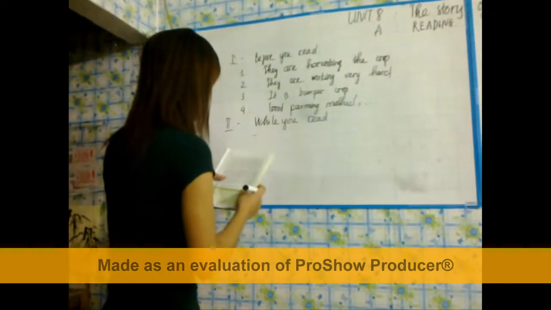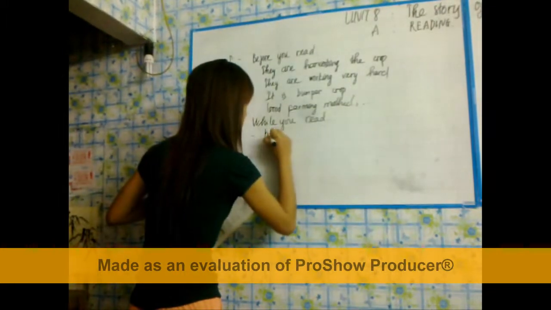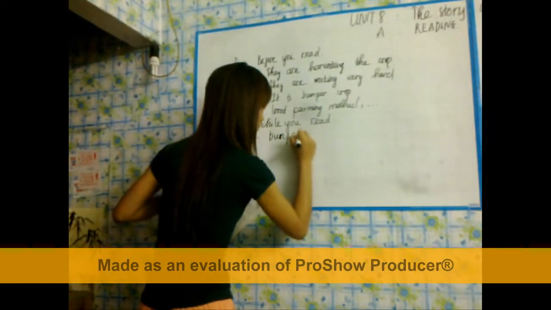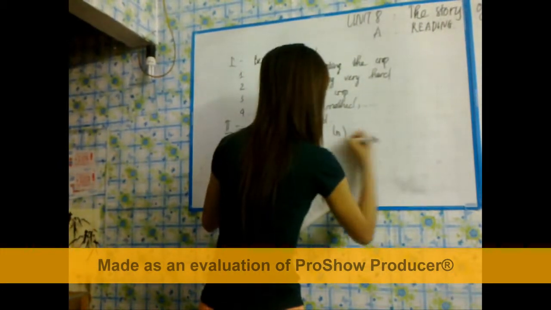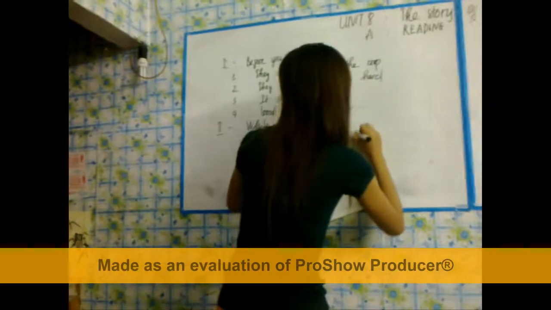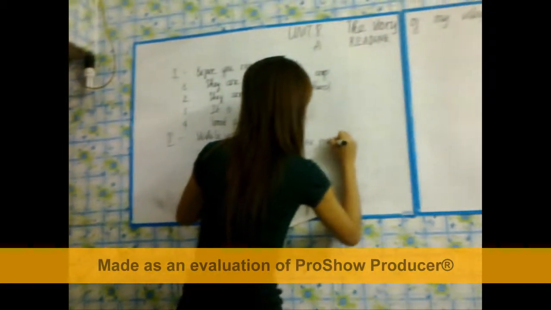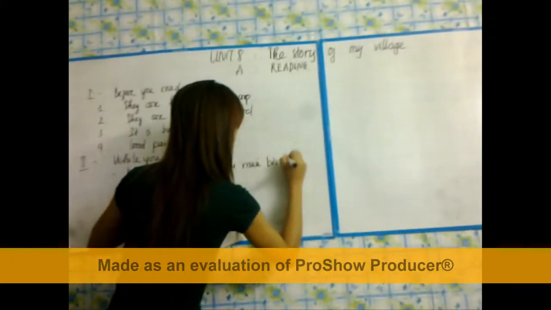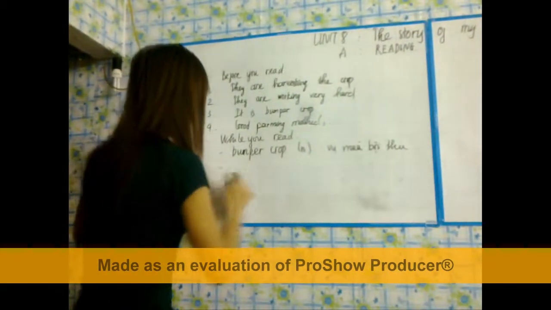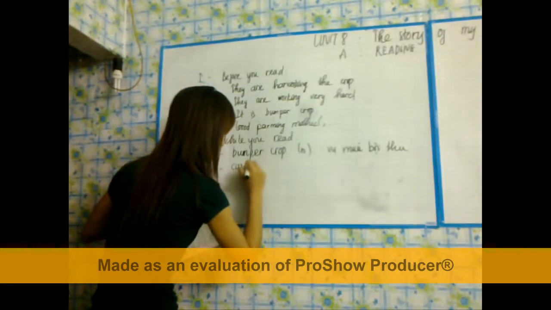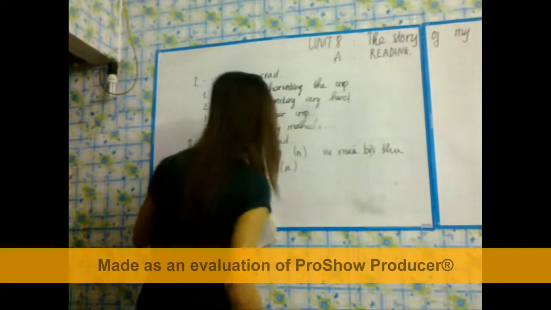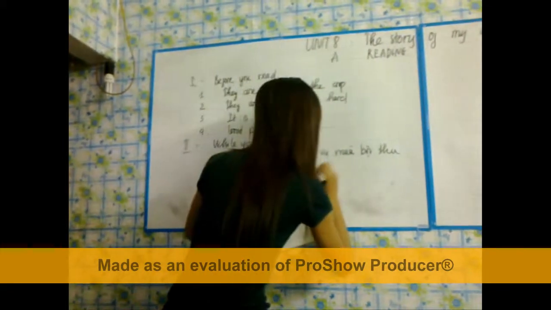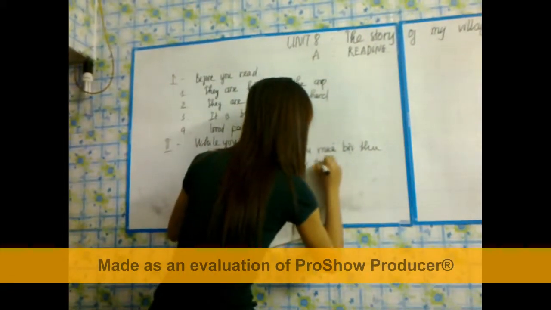Bumper crop. It's a noun, and that means vụ mùa bội thu. The next is cash crop. Cash crop. It's a noun, and that means cây trồng thương nghiệp.